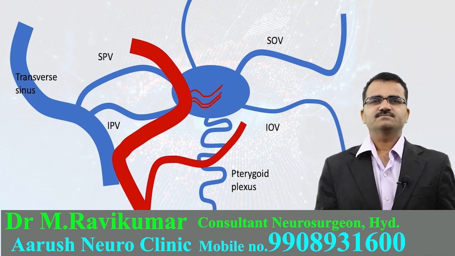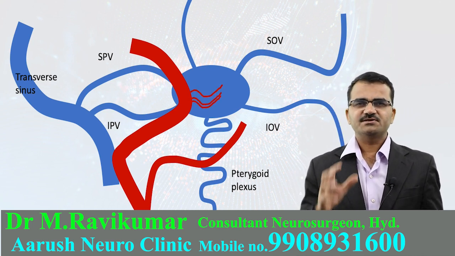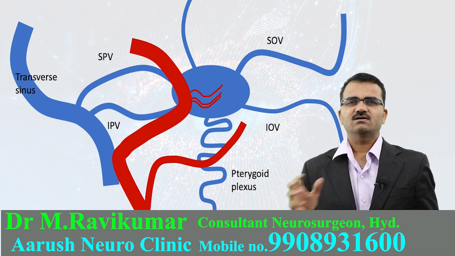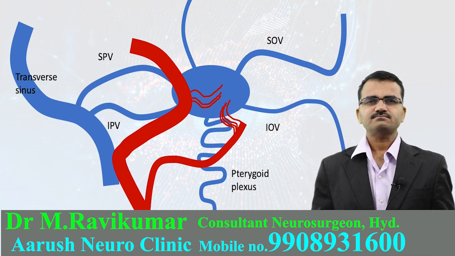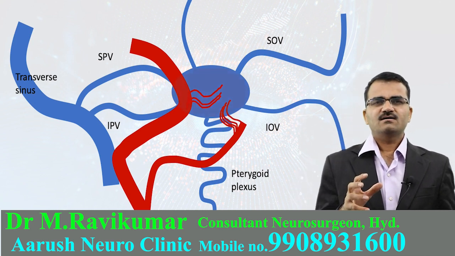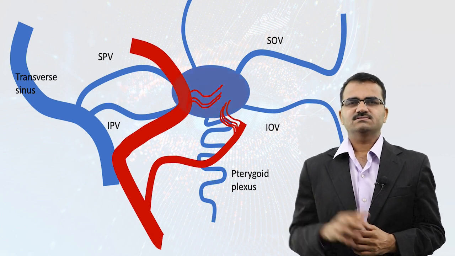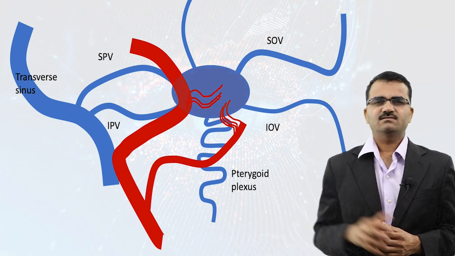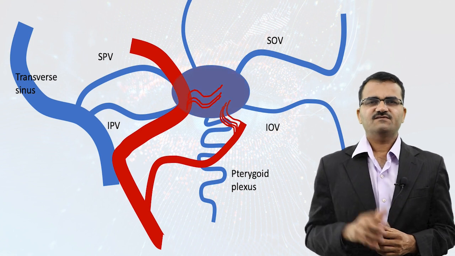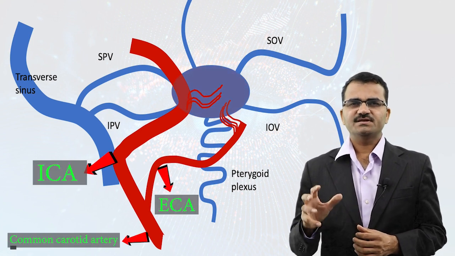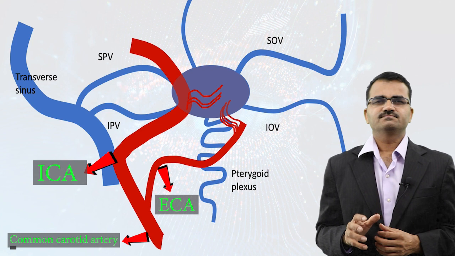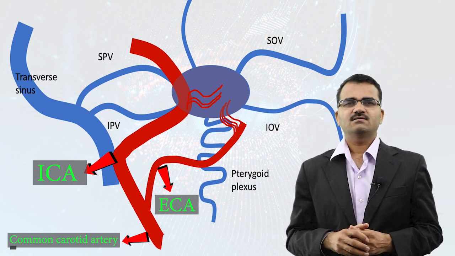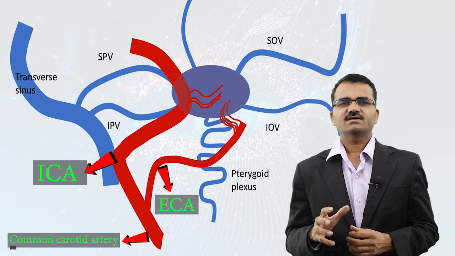Next one is indirect carotid-cavernous fistula. It is the abnormal communication between the meningeal branches of internal carotid artery or external carotid artery or both with the cavernous sinus.